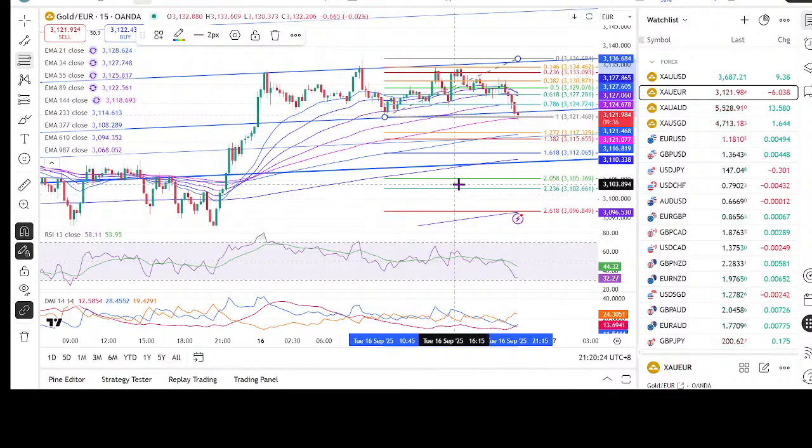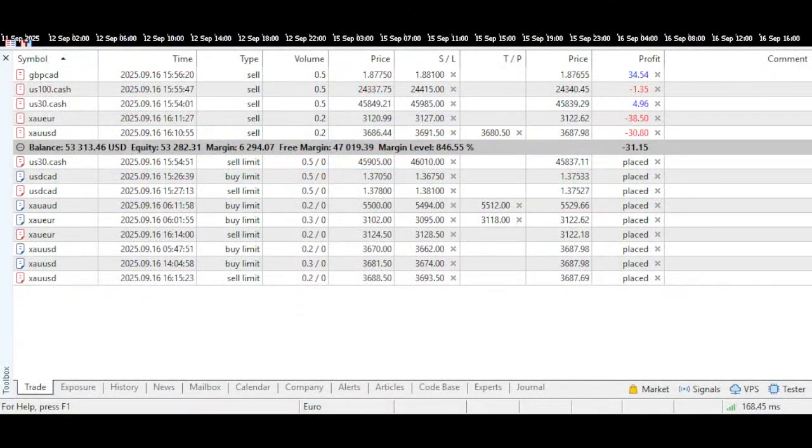That can be either 15 or 12. Okay, either 15 or 12. So we will put our TP around 13.